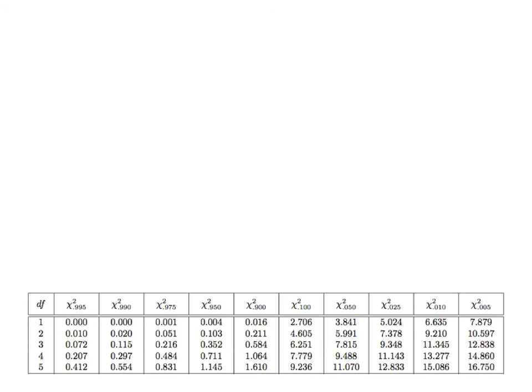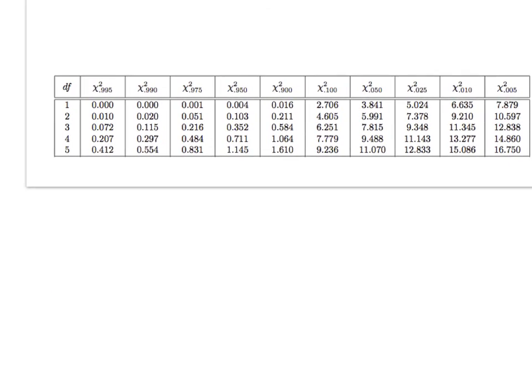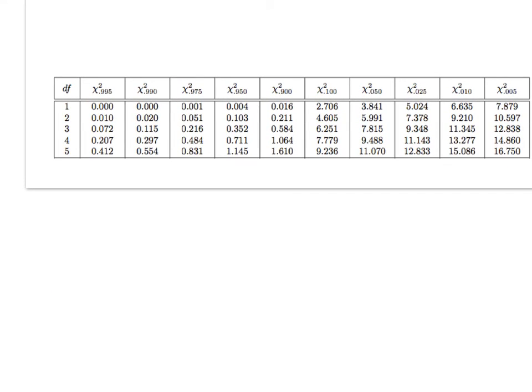Oh, look, I've got a chi-square table. So we look on this line where we've got degrees of freedom is 3, and we're going to read across until we find our chi-square value. So left to right, where's 31.76? Somewhere in between 11.3 and 12.8.